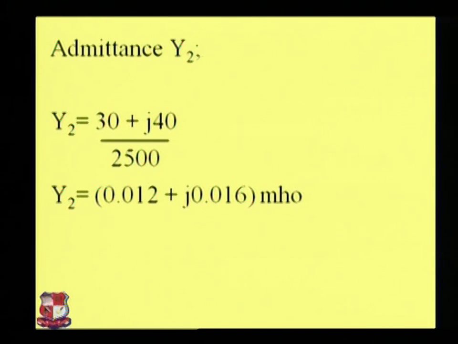Now by summation of y1 and y2 we get the net admittance, y.